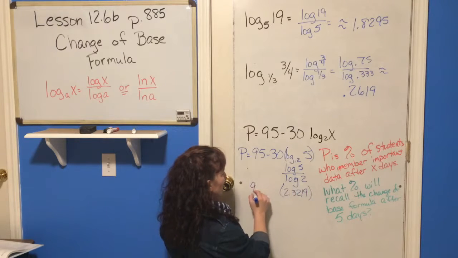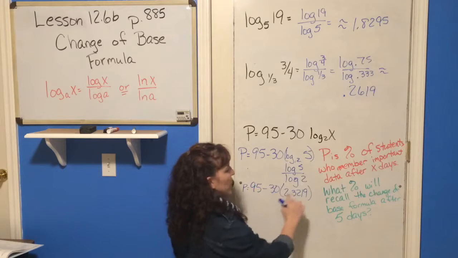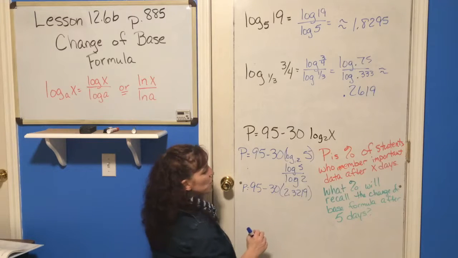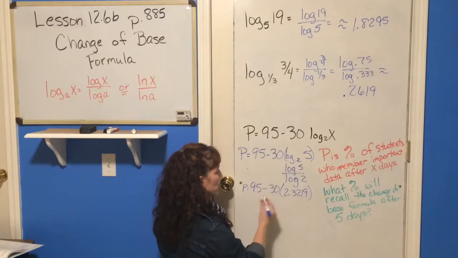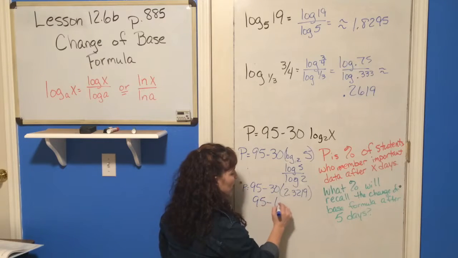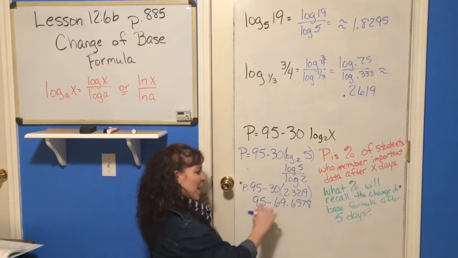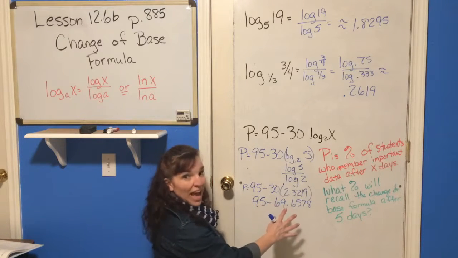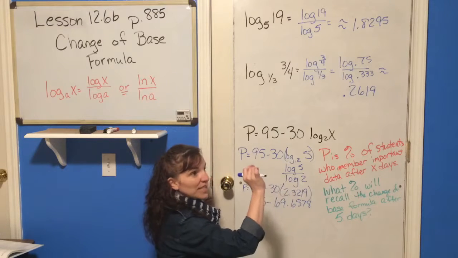So now we still have 95 minus 30 times what we just got there. Now you're simply going to take 2.3219 times 30, and you'll get 69.6578.